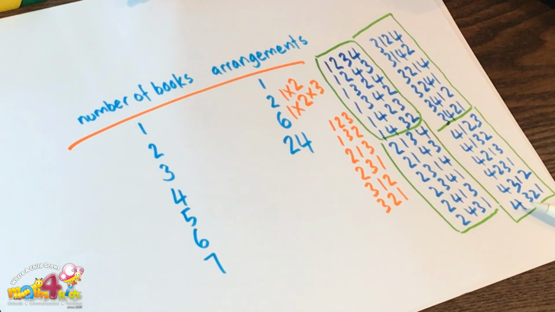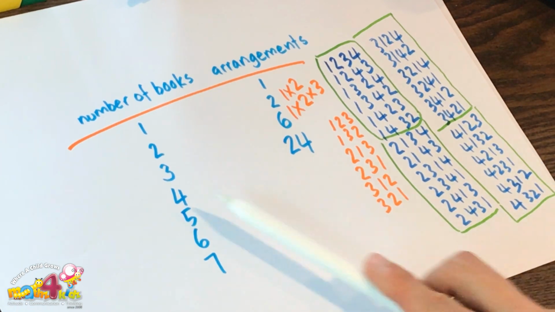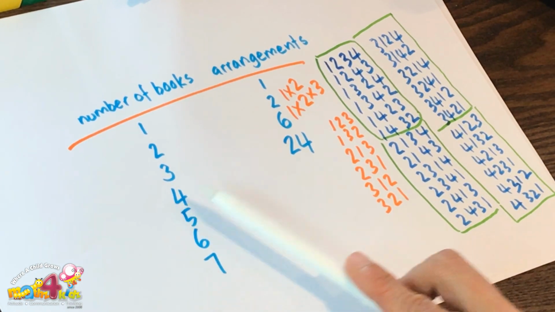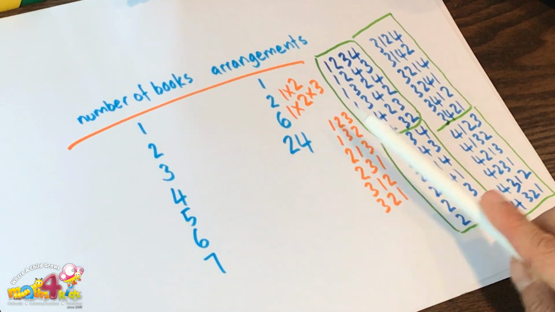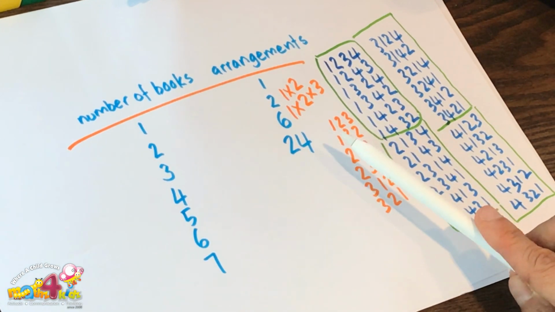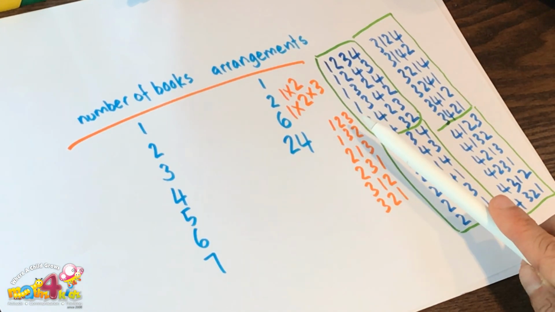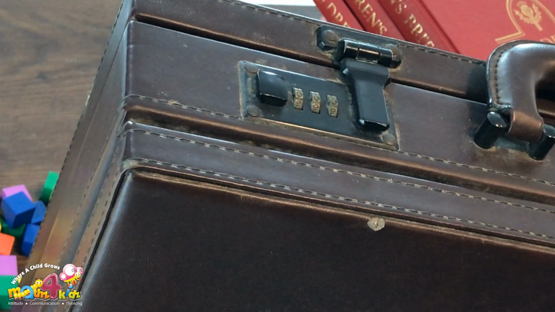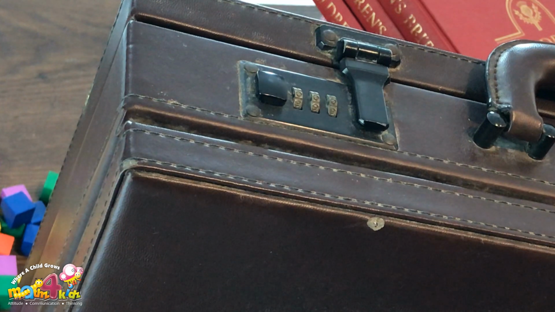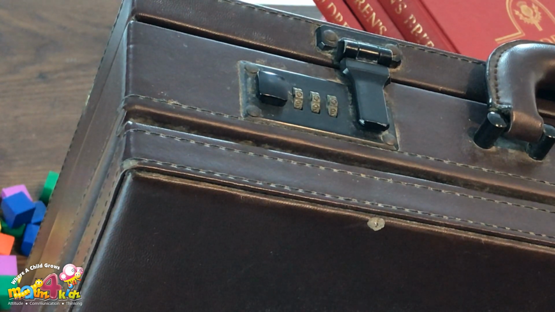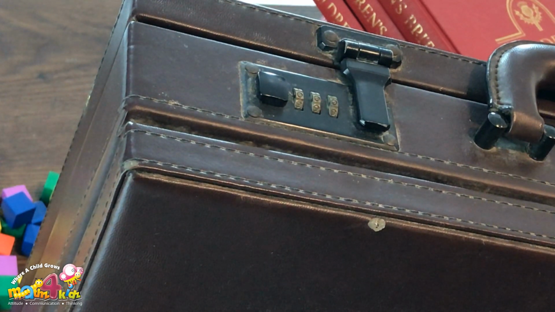Do you think you can explain why the pattern is like so? With 4 books, we start with 1, we end with 4. 1 times 2 times 3 times 4. Why 4?